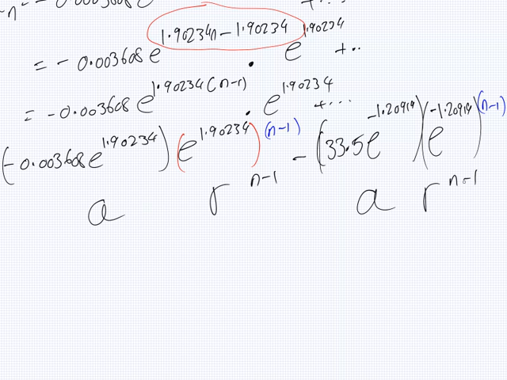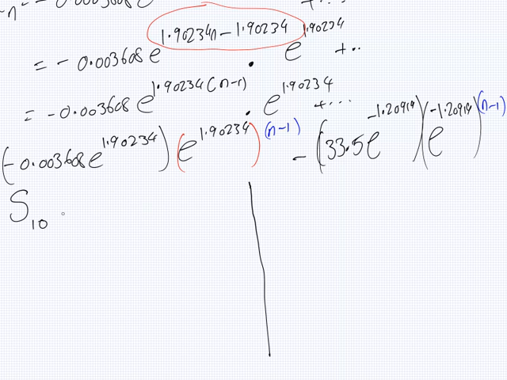But you have two GPs. So at the end, I ask you to calculate S10. So what I recommend you do is you split this into two GPs. Here, S10, and here, S10.